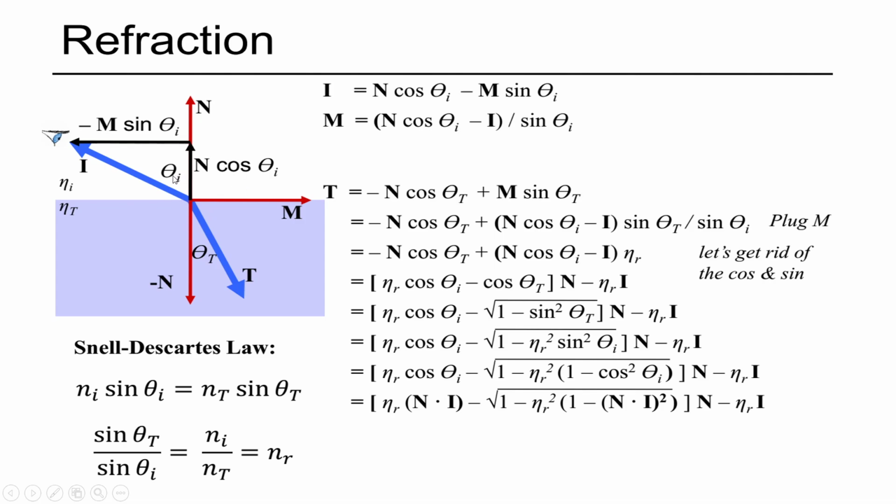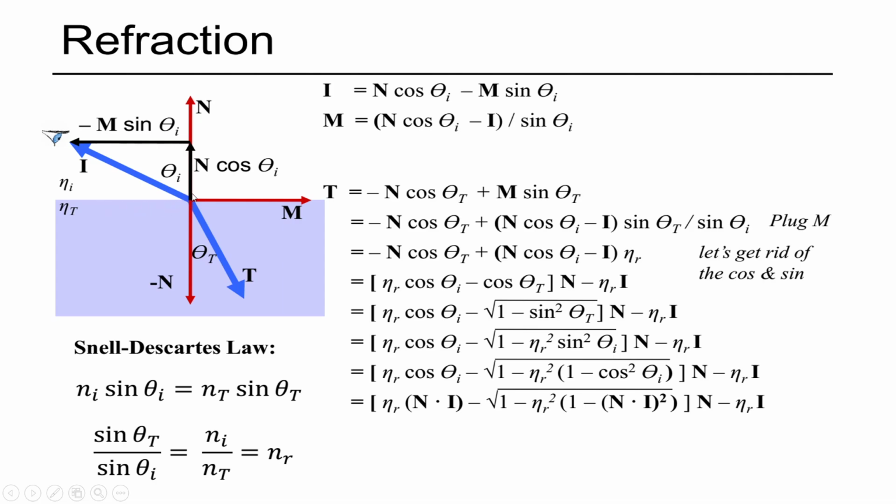Notice how the incident ray vector I can be decomposed into a horizontal component and a vertical component. For this ray, this is actually the horizontal component, even though for us it looks to be vertical. But when you consider this ray and this particular angle, then this is the horizontal component and this is the vertical component.